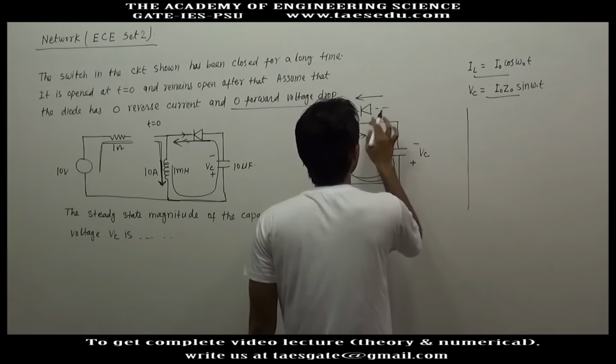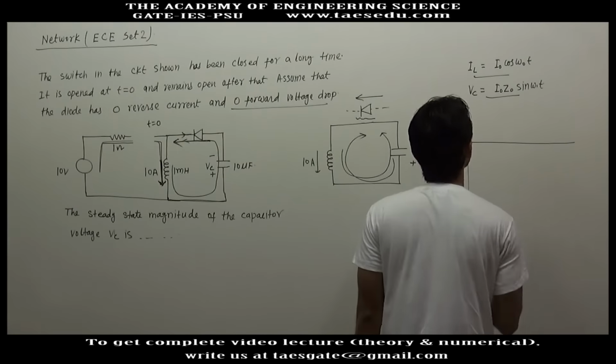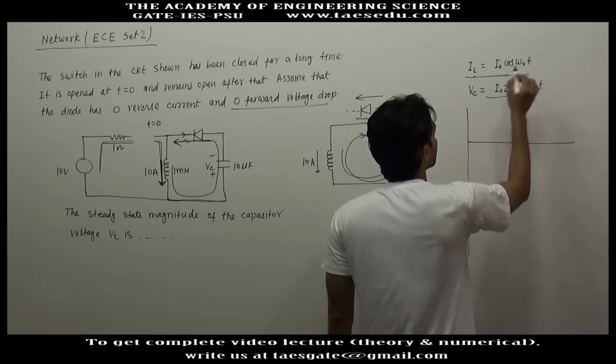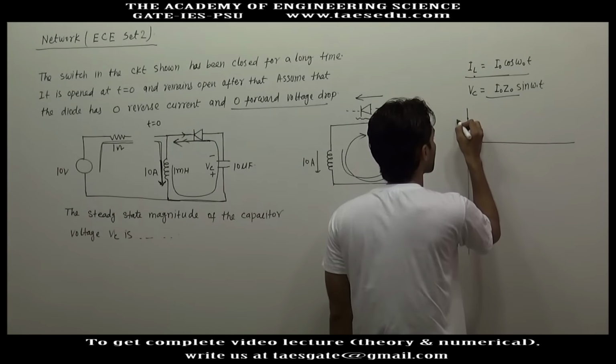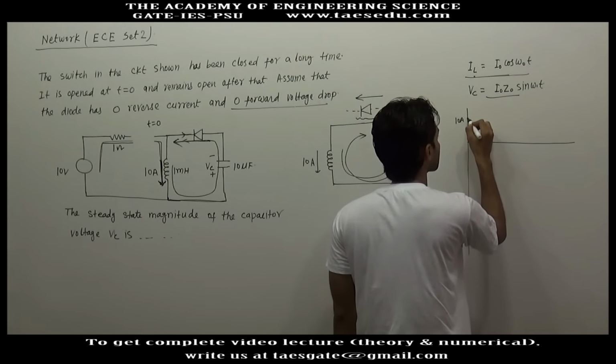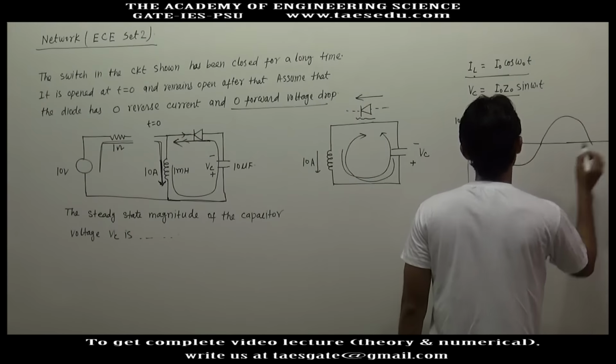But here we have a diode with this polarity. If you draw the graph of inductor current, the initial inductor current is 10 ampere. This will be the graph of inductor current.